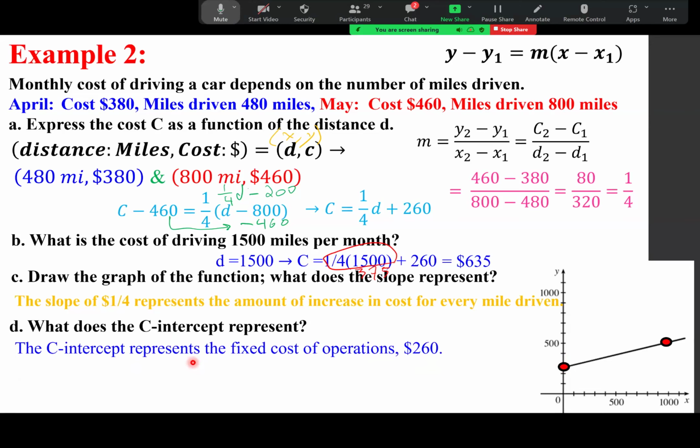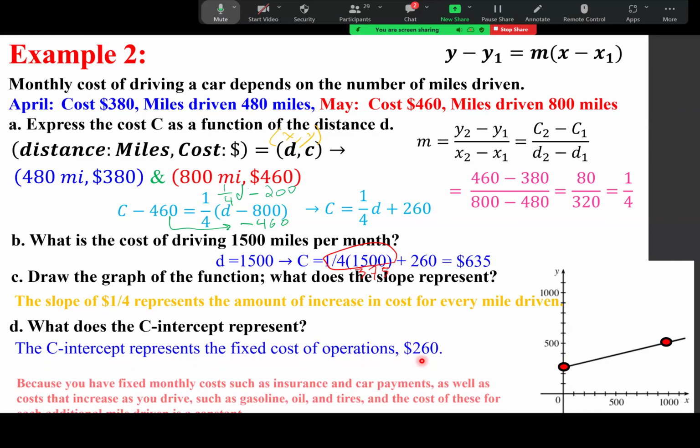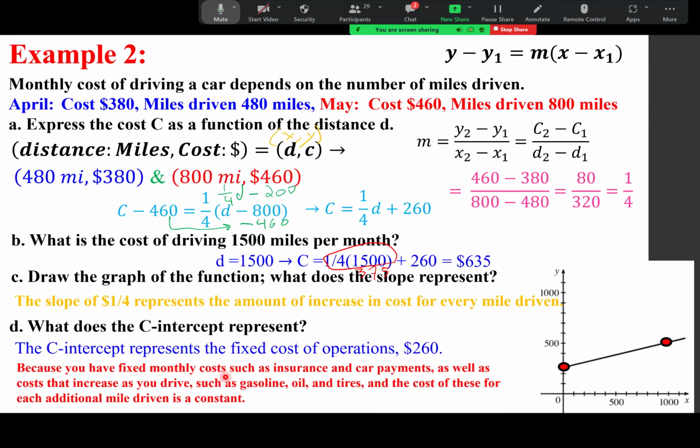The c-intercept represents the fixed cost of operation, $260, because you have fixed monthly costs such as insurance and car payments, as well as costs that increase as you drive, such as gasoline, oil, and tires, and the cost of this for each additional mile driven is a constant. So I hope it's clear to everybody.